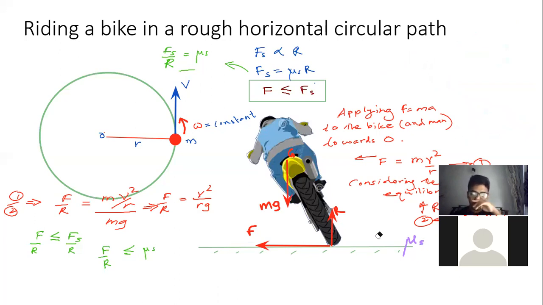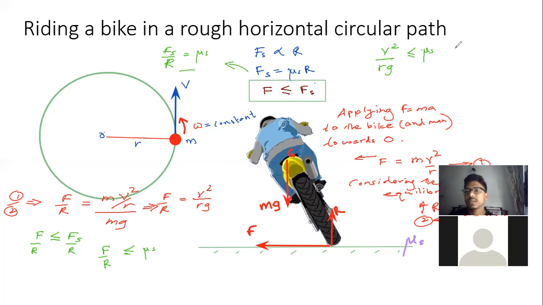Okay. So now I can write, F over R, which we just derived in our situation, is equal to v squared over RG. So I can write v squared over RG is less than or equal to mu s.